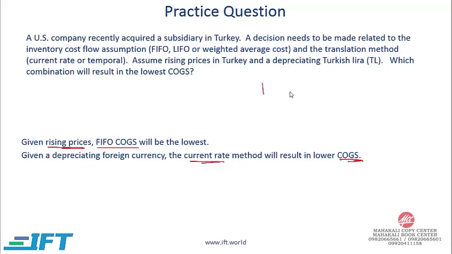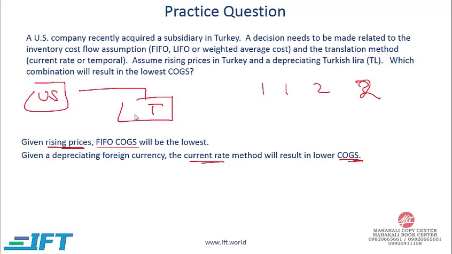And I'll go back to my very simple scenario. We have rising prices, and note that this is a US company with a sub in Turkey. The relevant numbers are the costs in Turkey, the costs related to the subsidiary, and the value of the foreign currency.